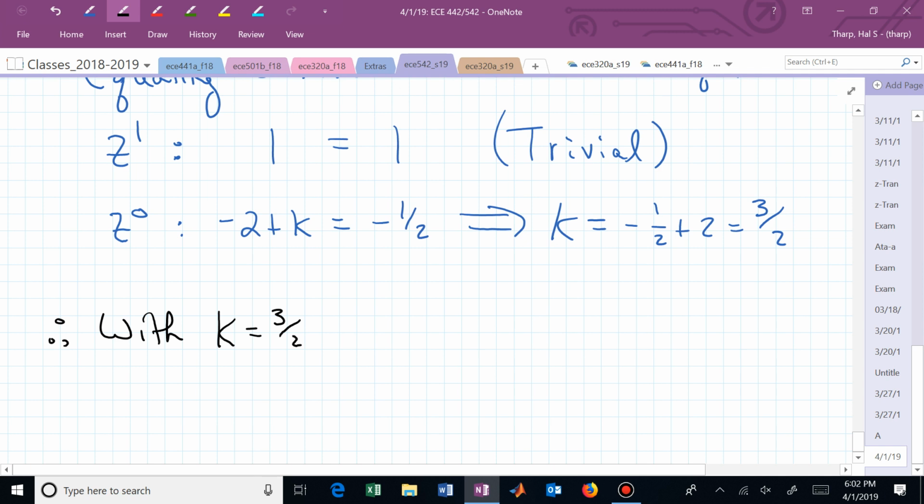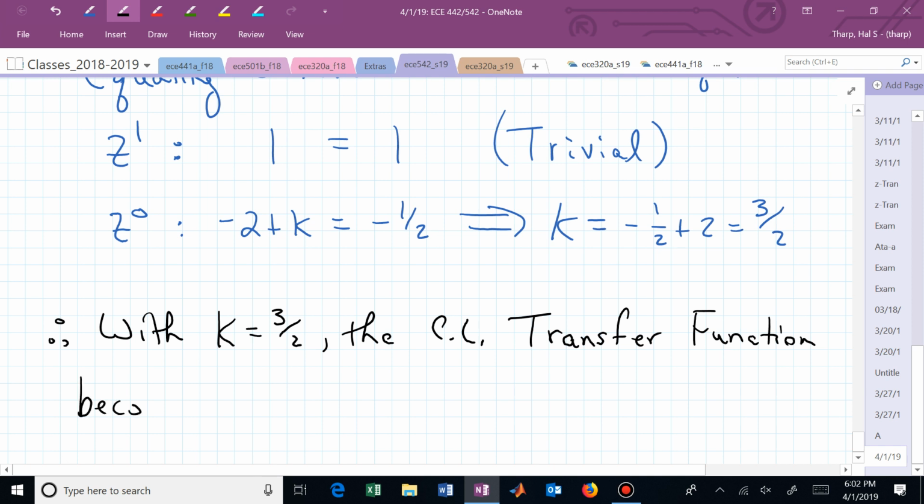With k equal to 3/2, the closed loop transfer function, do you remember what it was structurally before?